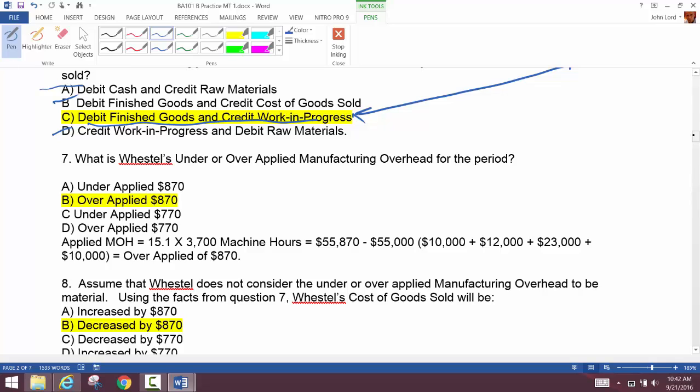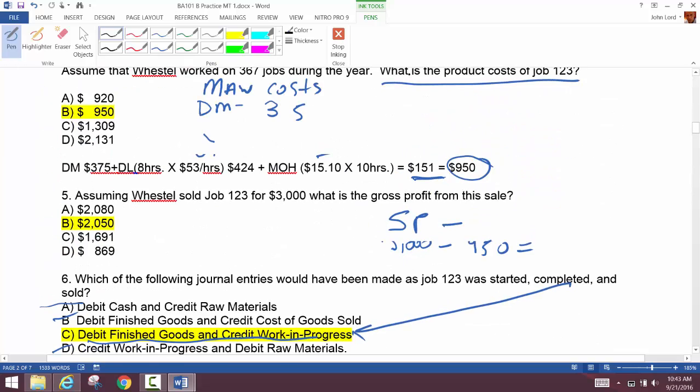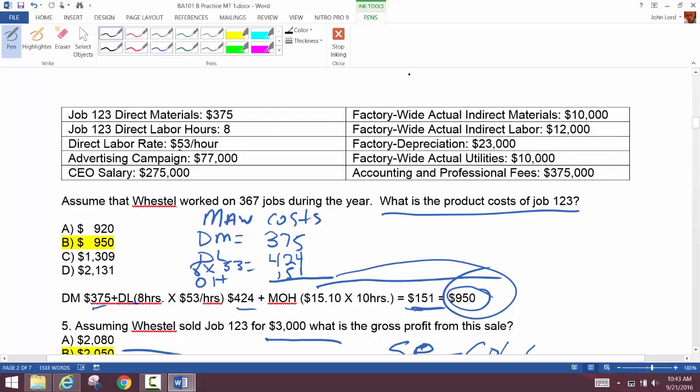Okay, good. Let's go ahead then and take a look at this next one now. And now I'm asking you, what is their over or under applied overhead for the period? Okay, so what's happening? Well, if you look at this question and you come back up a little ways, I had told you somewhere, I think it was up in that table, that the factory-wide actual overhead was what?